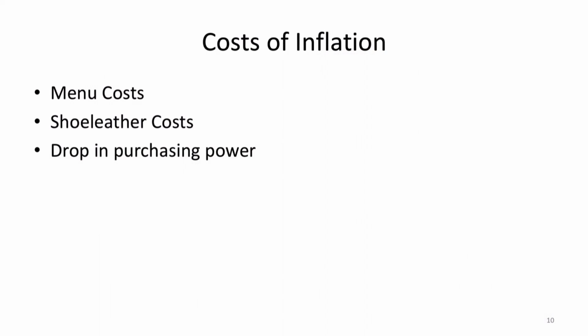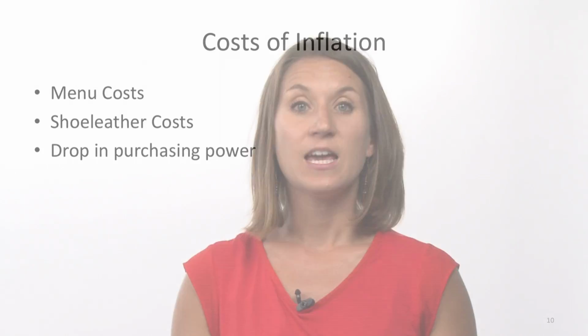Now, we also have some costs that are associated with inflation, such as menu costs, shoe leather costs, and the drop in purchasing power. Menu costs reflect exactly the cost for a business to change their prices. Here you can think of an example of a diner that has a huge menu and many, many different food items that they're offering.